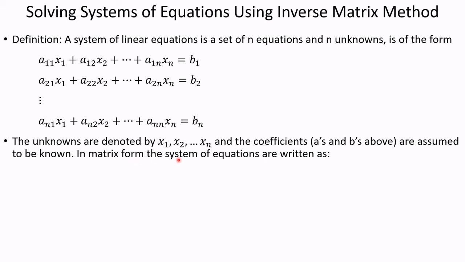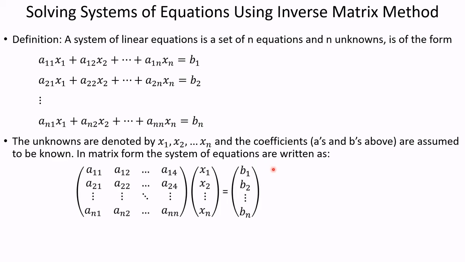In matrix form, the system of equations is written as follows. All the coefficients a11, a12 and so on are written in one matrix, matrix A. And another matrix of the variables or unknowns, that is x1, x2 up to xn, is equal to, on the right hand side, the known constants b1, b2 up to bn.